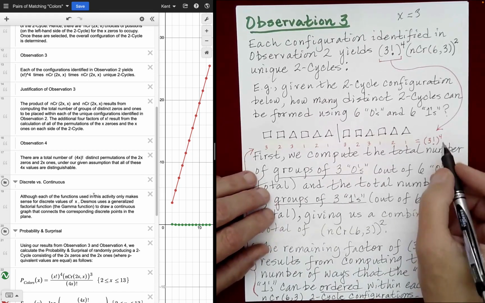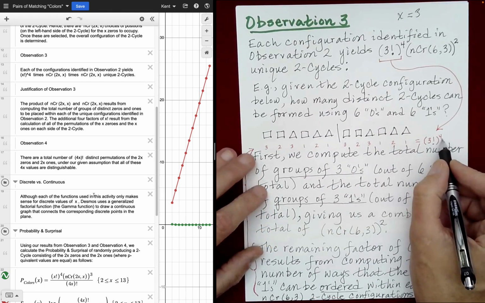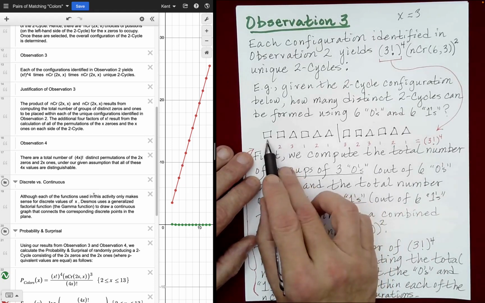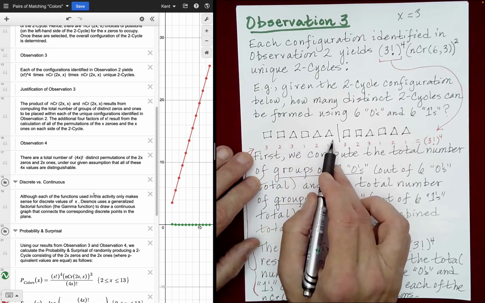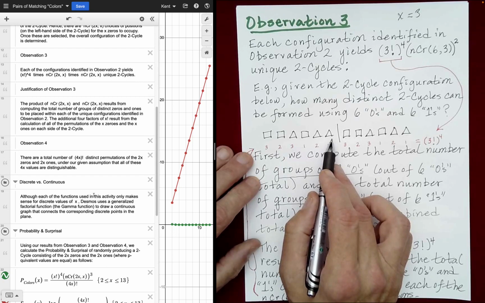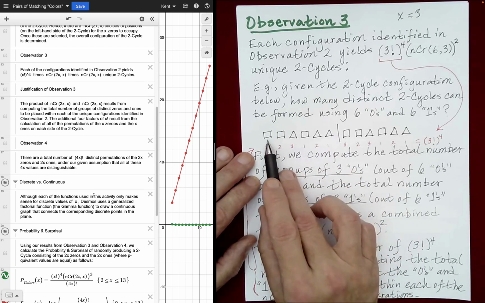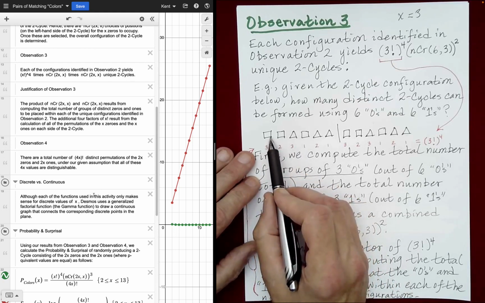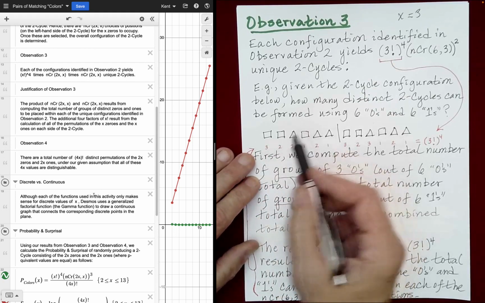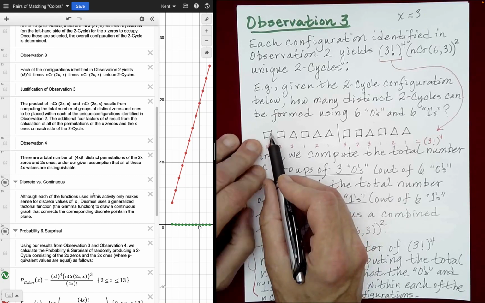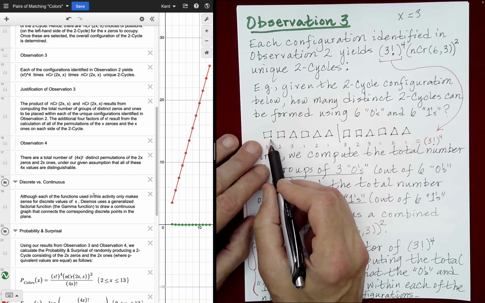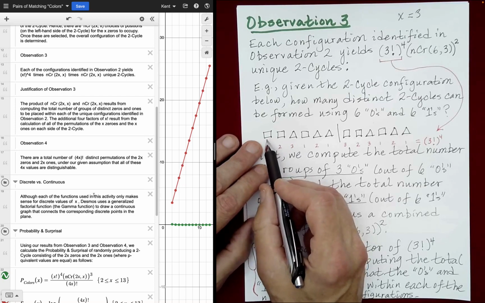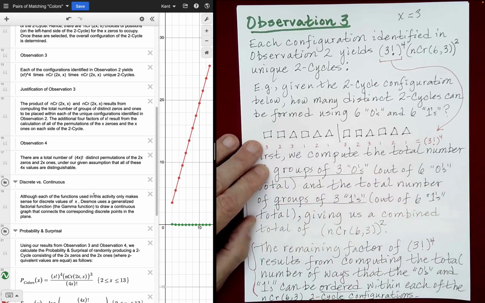To understand where this 3 factorial to the 4th comes from, recall that we already established that to be able to create a 2 cycle relative to these values 0 and 1, we're going to have 3 zeros over here and 3 ones. If for now you want to picture the squares as the zeros, what that would mean is that in this position marked with a square, any one of the 3 distinct zeros can go there.